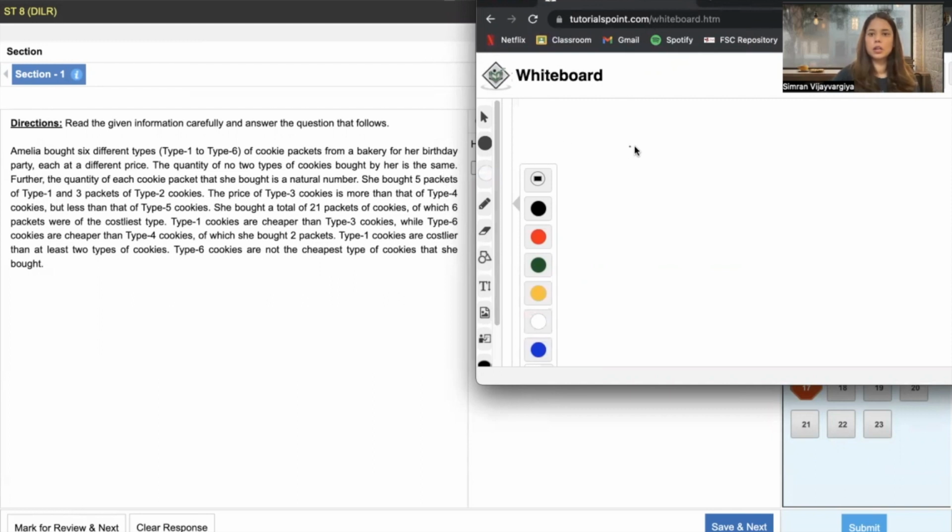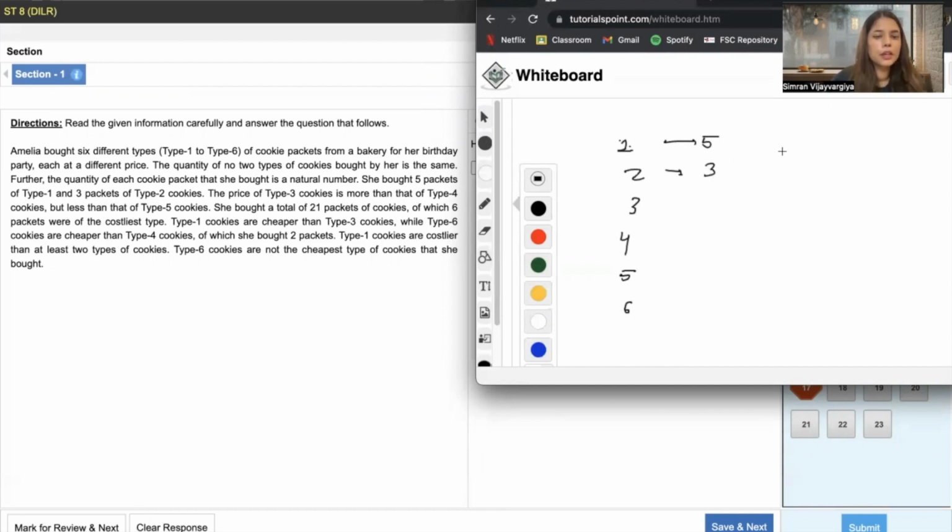So 1 type, 6 types, right? 1, 2, 3, 4. Great. She bought 5 packets of type 1. Okay, 5 packets. Then she bought 3 packets of type 2.